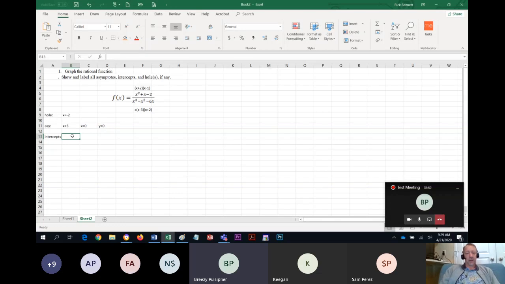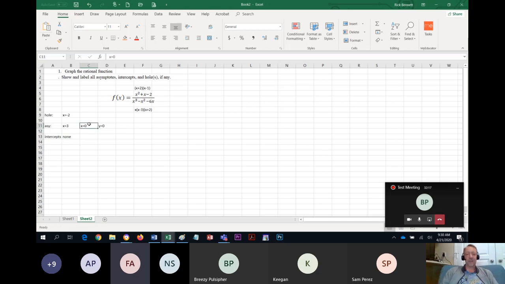That's correct. So I guess it's pretty easy to say, since I've got asymptotes at x equals 0 and y equals 0, I'm not going to have any intercepts. Clearly, if I've got asymptotes on the x-axis and y-axis, I'm not going to have any intercepts. So there's going to be none.